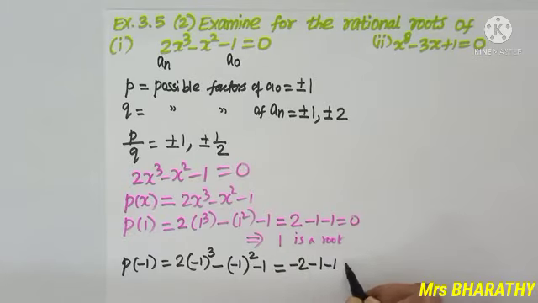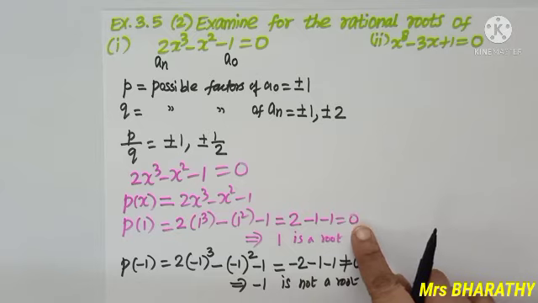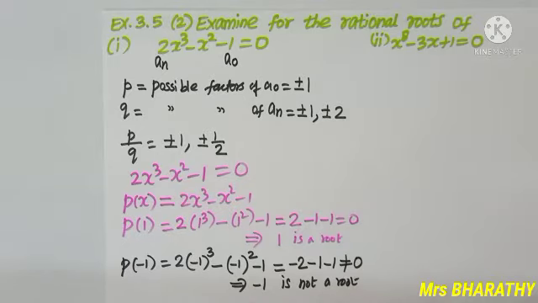Again I have -1. This is not equal to 0. That tells me -1 is not a root. So we have identified +1 as a root because I arrive at 0, the RHS. But -1 does not give me 0. So I can immediately say -1 is not a root.